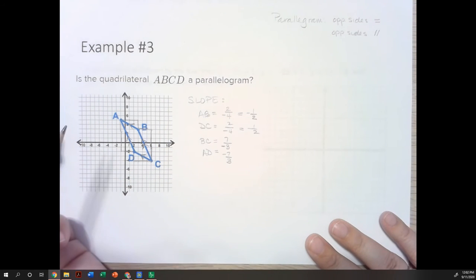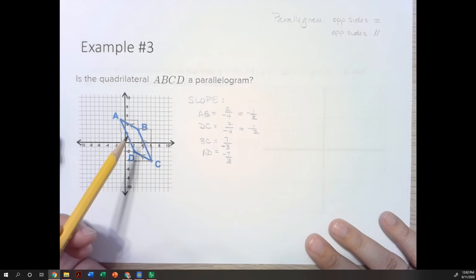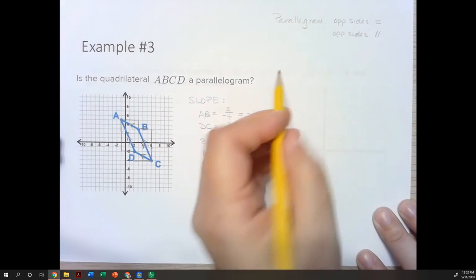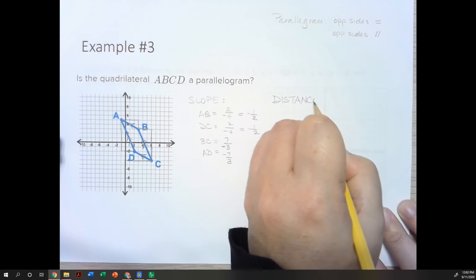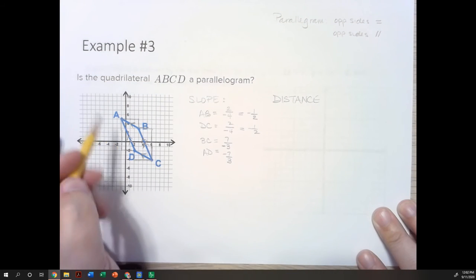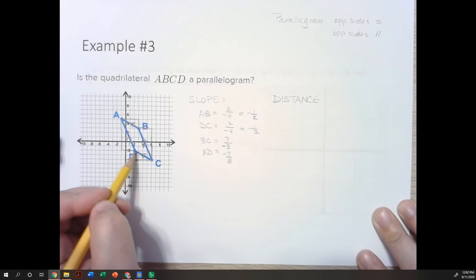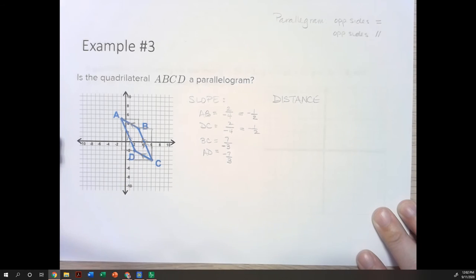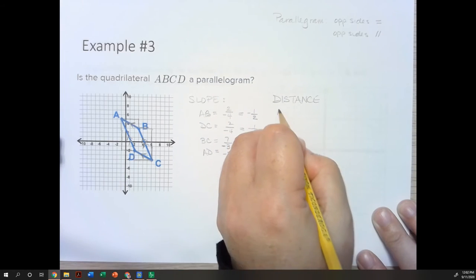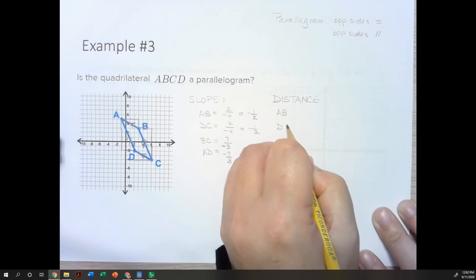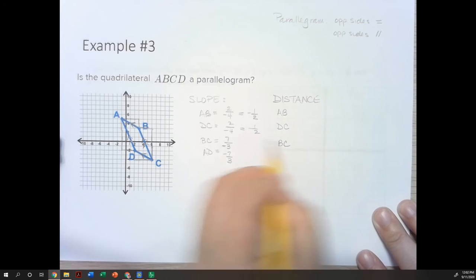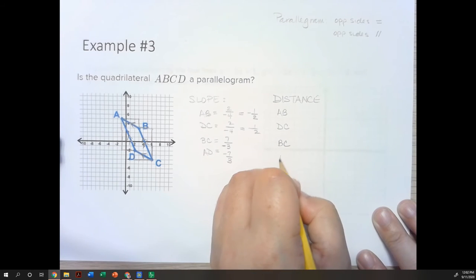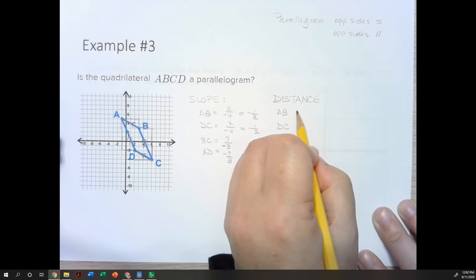So it's going to be yes or no, and it's because it might be a rhombus. So now let's do these distances. I want AB and DC to be the same length, and then I want BC and AD to be the same length.